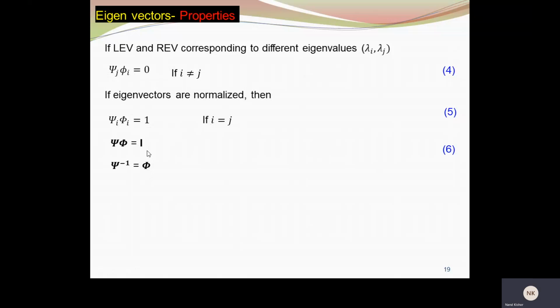Since eigenvectors are determined only to within a scalar multiplier, we can normalize the vectors, and thus equations 5 and 6 are satisfied.